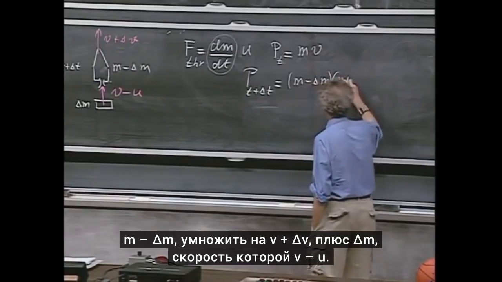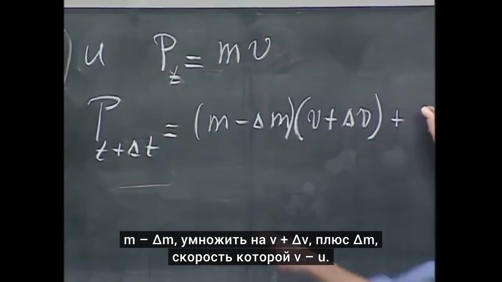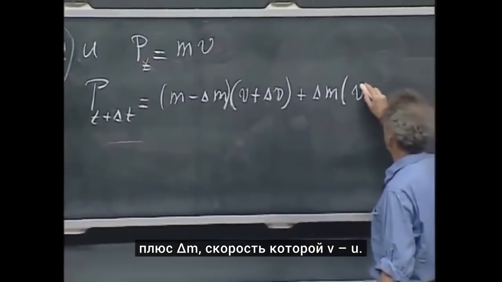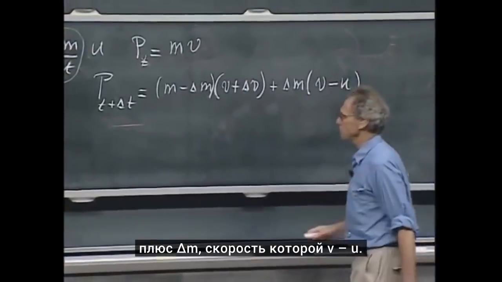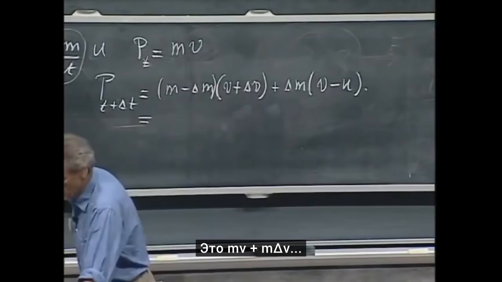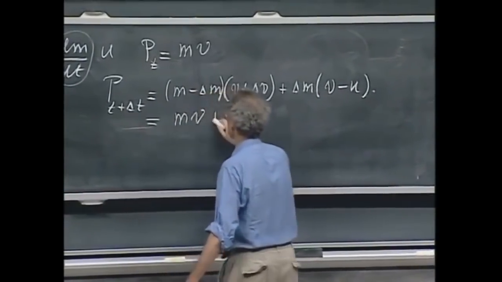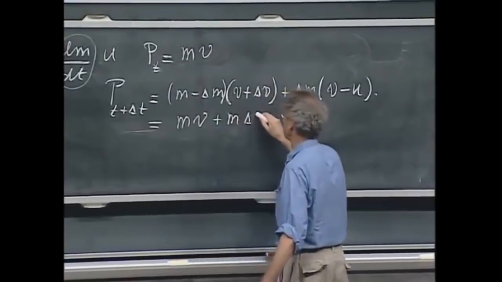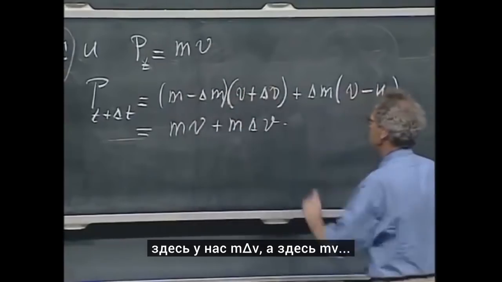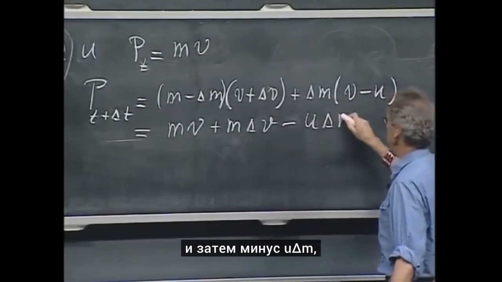times v plus delta v, plus delta m, which has a velocity v minus u. And how large is this? Well, there is mv plus m delta v. Here you see the m delta v. Here you see the mv. And then you get minus u delta m.